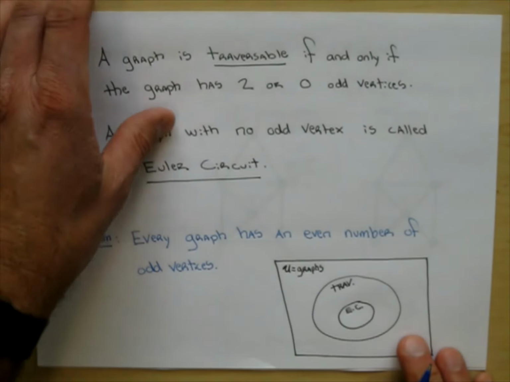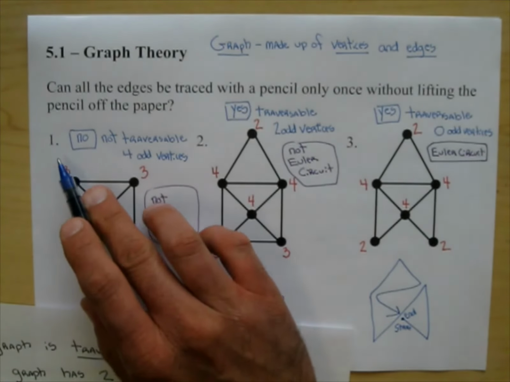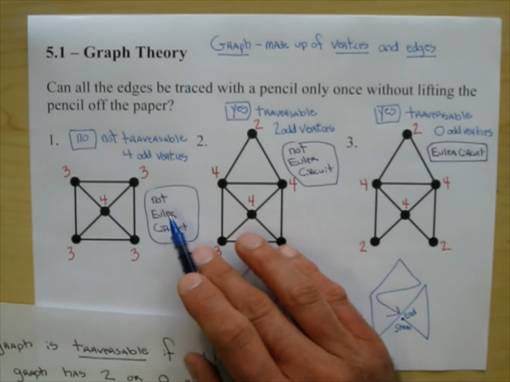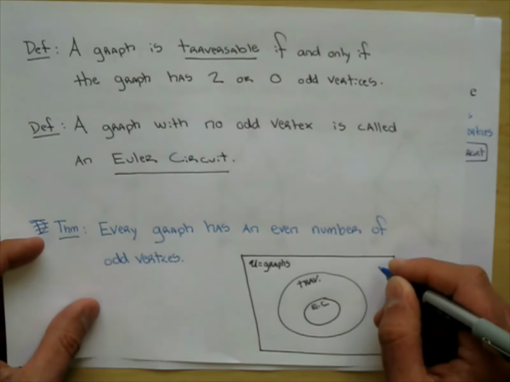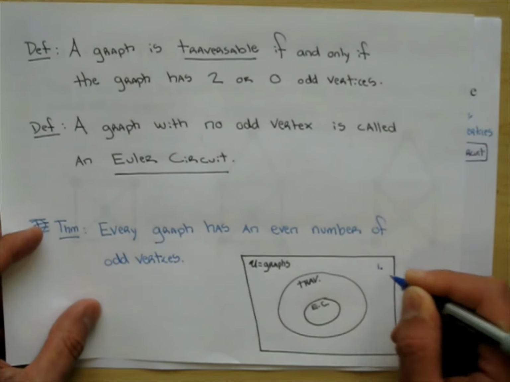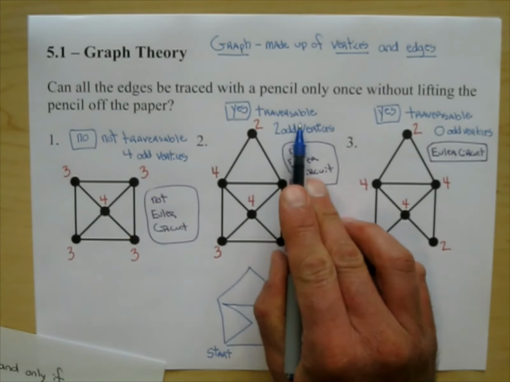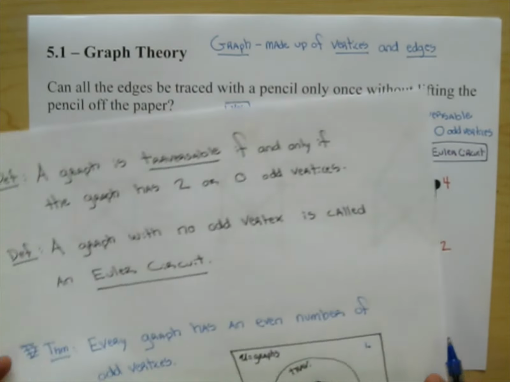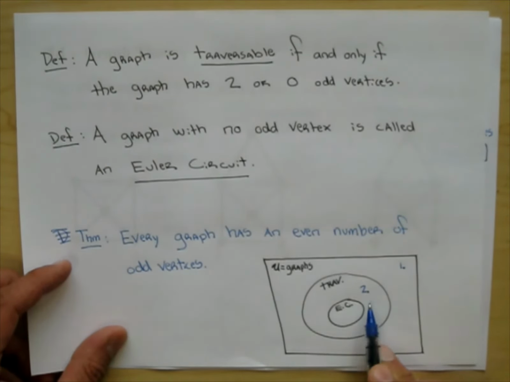So for our problems, we have this Venn diagram here. This guy right here, problem number 1, was not an Euler circuit and not traversable. It belongs out here. There's number 1. Problem number 2 was traversable but not an Euler circuit. That belongs right there. That's where that graph lives.